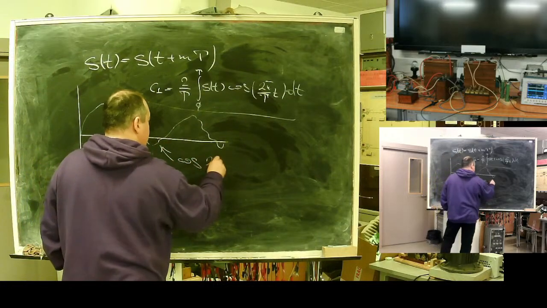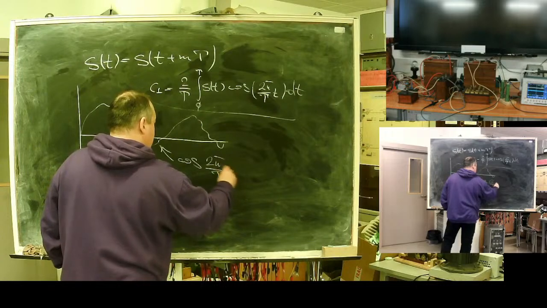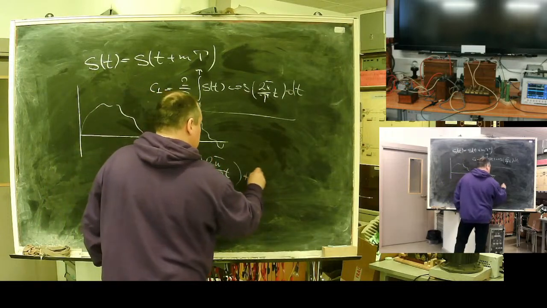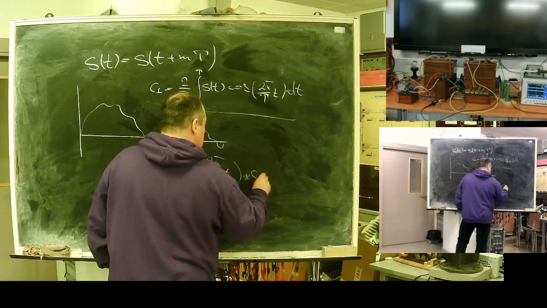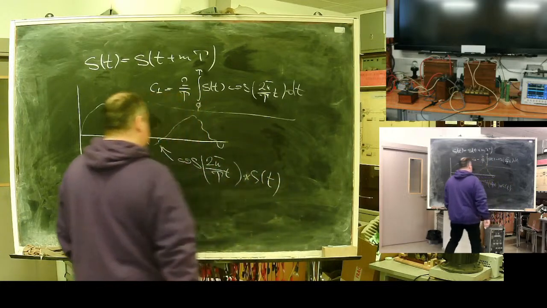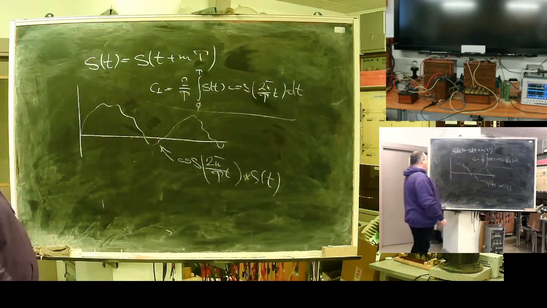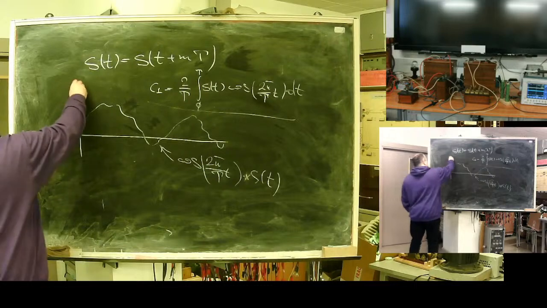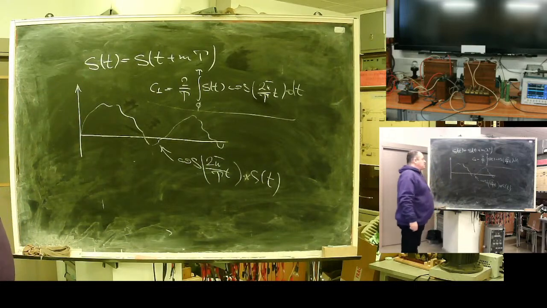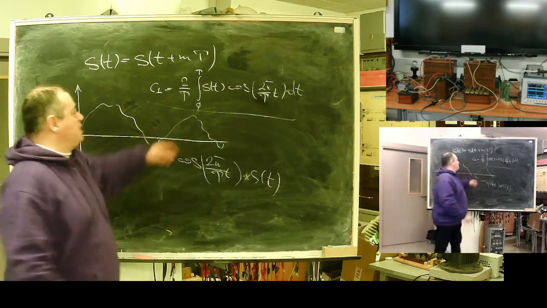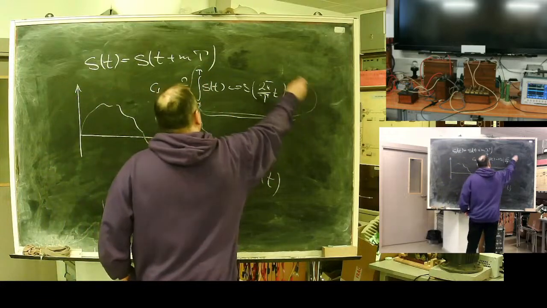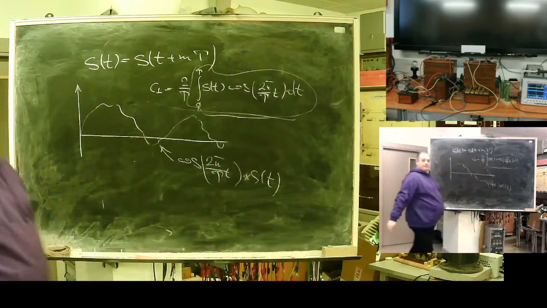Cosine multiplied by this signal S of t. Maybe something like this. What is the physical meaning of this integral?